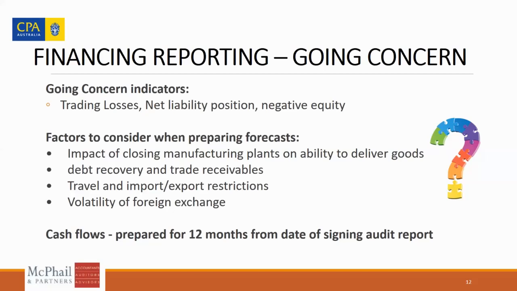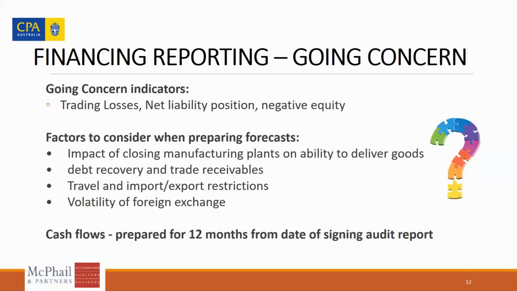So this is where you as the accountant can really be proactive and help your clients, especially if you're aware that they do have going concern issues. They need to prepare really robust cash flow statements, and this is something that you could potentially assist them with.